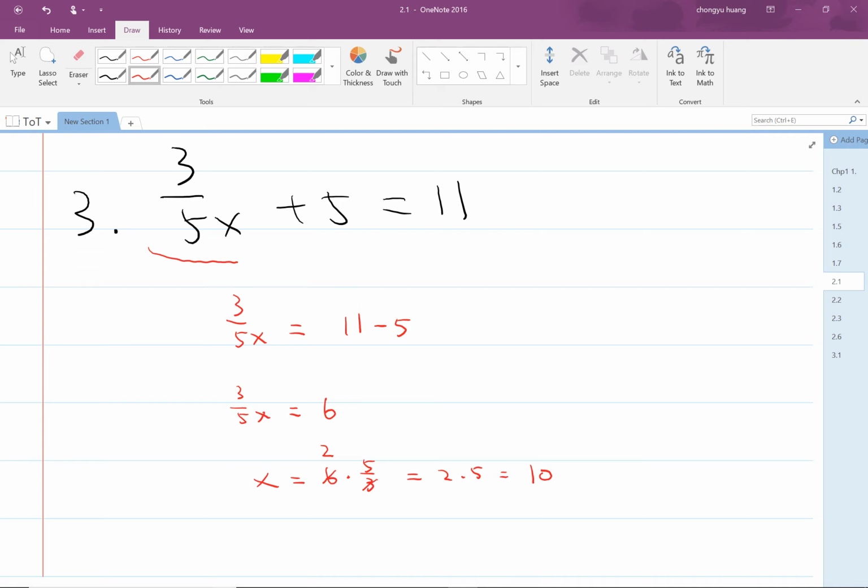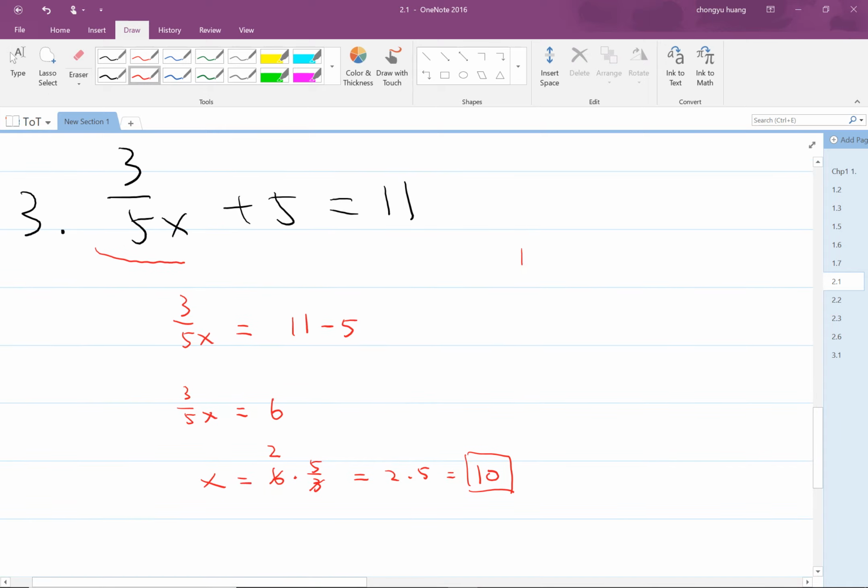One thing I want to tell you is if you want to make sure x equals 10 is the right answer, then you have to recheck it. So how to recheck?